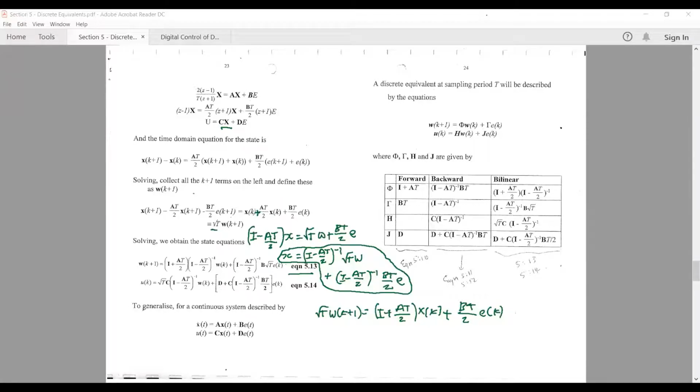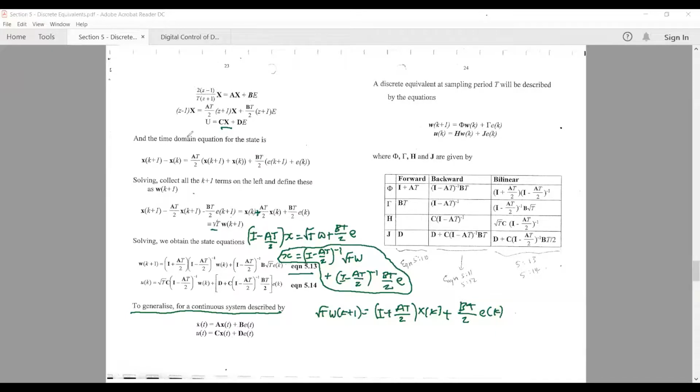So to generalize, for continuous time described by x dot of t is equal to A times x of t plus B times e of t, and u of t is equal to C times x of t plus D times e of t, a discrete equivalent at sampling period T will be described by the equations. So instead of x dot of t, over here we get w of k plus 1.